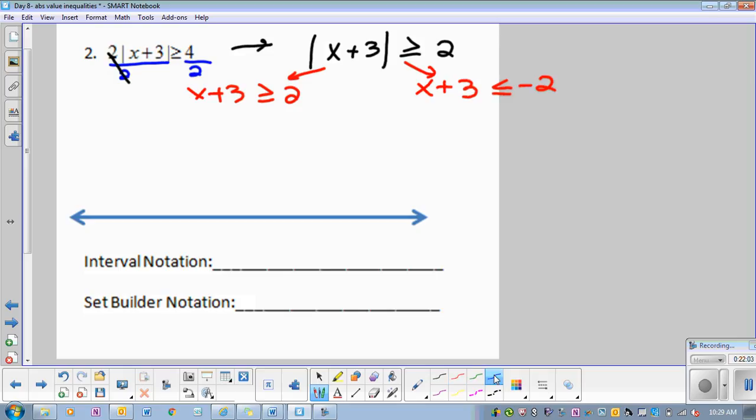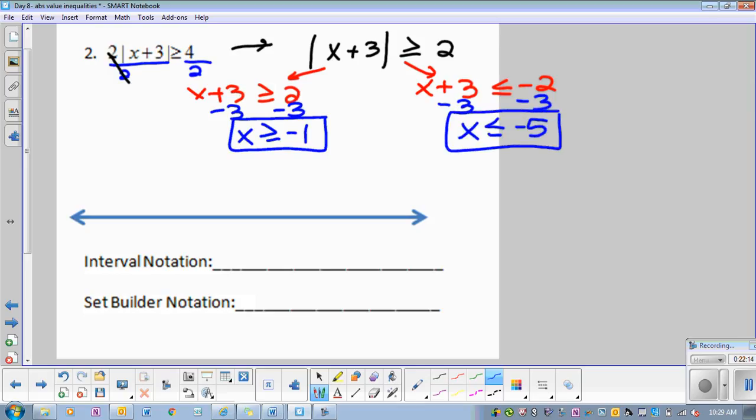Alright, now I'm going to subtract the 3. X is greater than or equal to -1. Subtract the 3. X is less than or equal to -5. Now, question. Is this an and or an or?